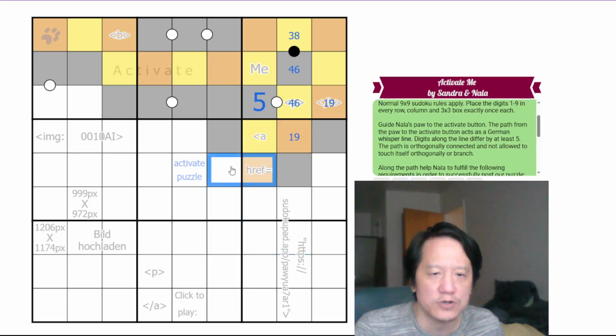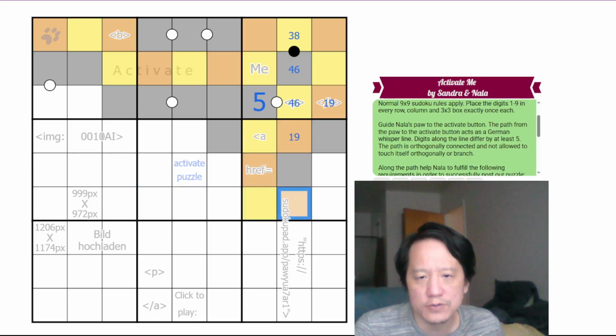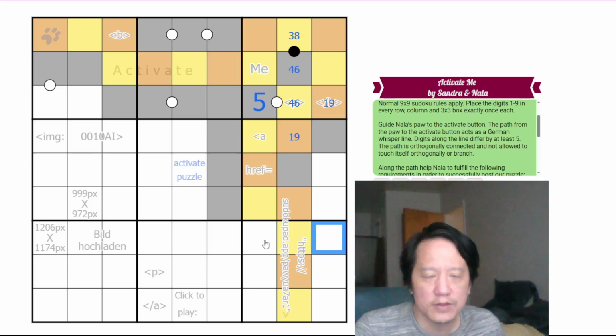The answer is no, because then we'd have to essentially get to here, which would be considered touching itself if we go around this way. So we have to go this way. This is yellow. This is orange. We have yellow, orange, and yellow here. Remaining digit, so these cannot be on the path. They are sharing edges. So are these. This can't be on the path because it can't get there. This has to be yellow going orange there.